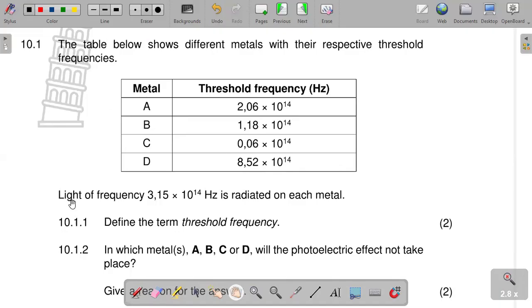And they say light of frequency 3.15 multiplied by 10 exponent 14 hertz is radiated on each metal. In the first one, they wanted the definition. They say define the term threshold frequency.